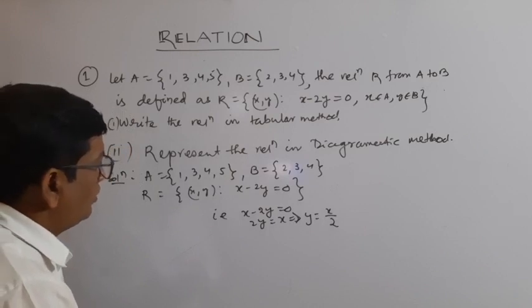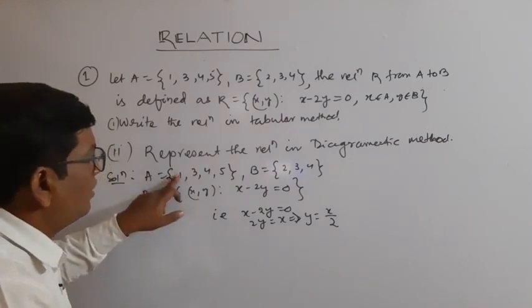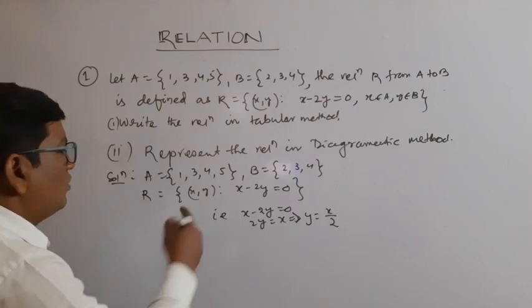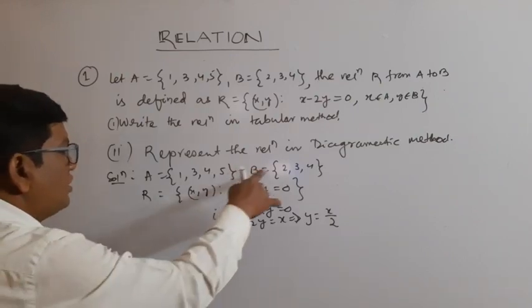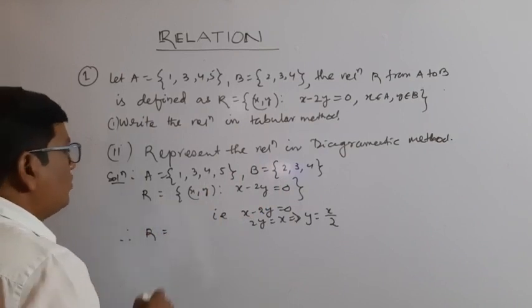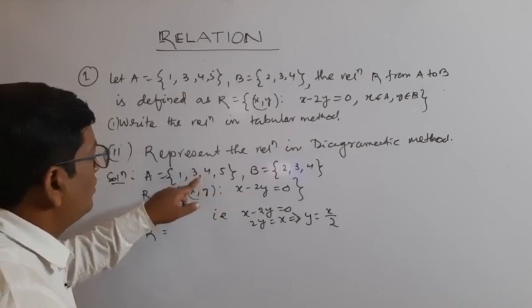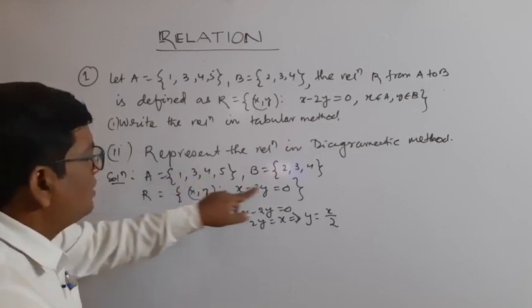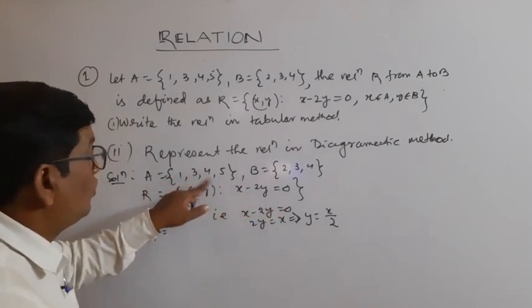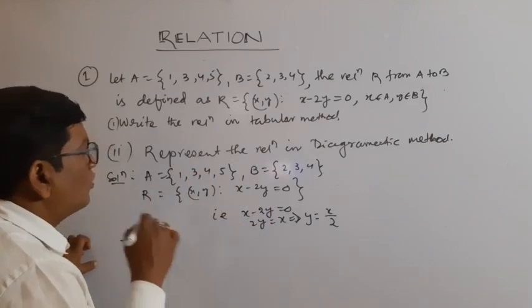Put x is equal to 1. This is 1 by 2, not present in this set, so it does not happen. Similarly 3 by 2 not, and 4 by 2 is 2. Okay.